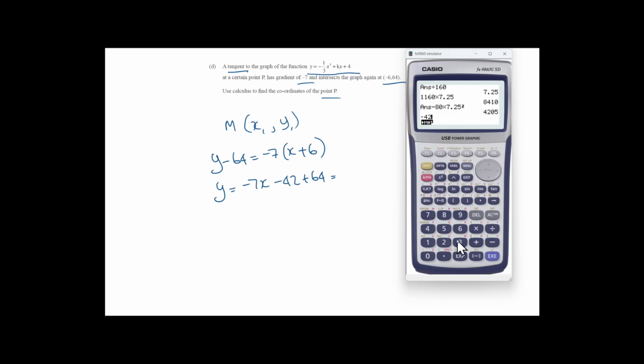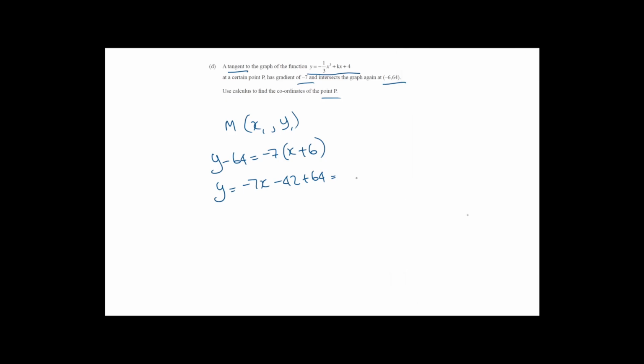Minus 42 plus 64. Sorry, that's 22. So y equals minus 7x plus 22. Okay. So we need to find out what this k is, don't we? But we've got one of the points.